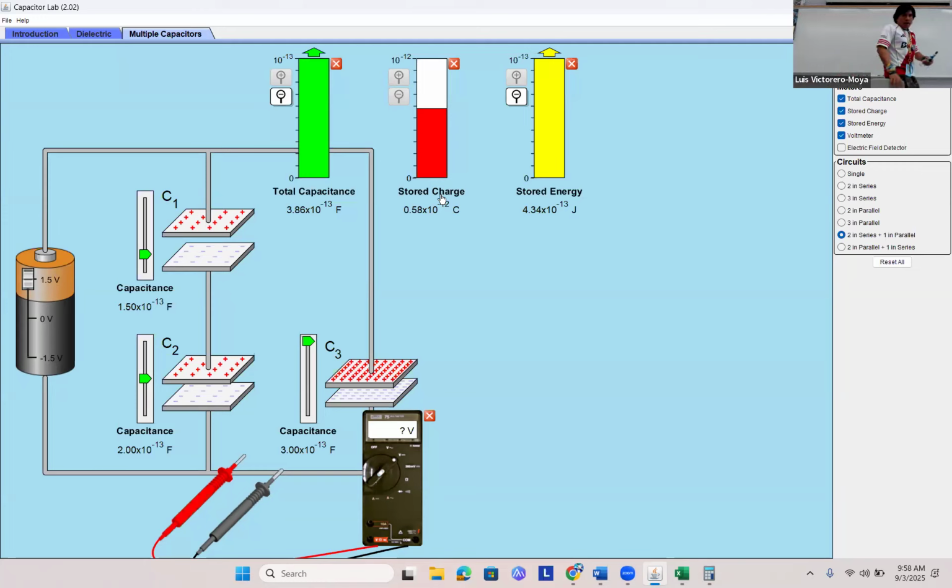So C1 is 1.5 times 10 to the negative 13. C2 is 2 times 10 to the negative 13. So you have C1 and C2.